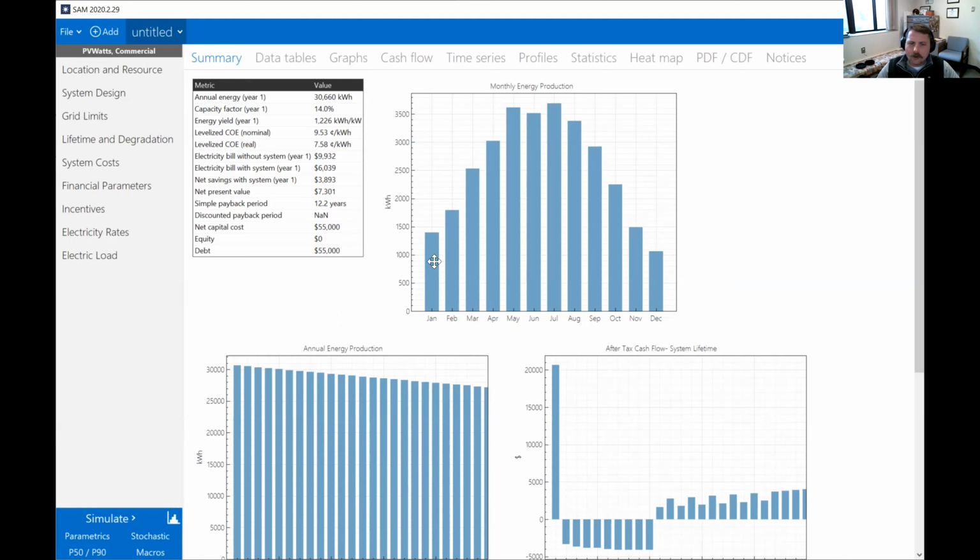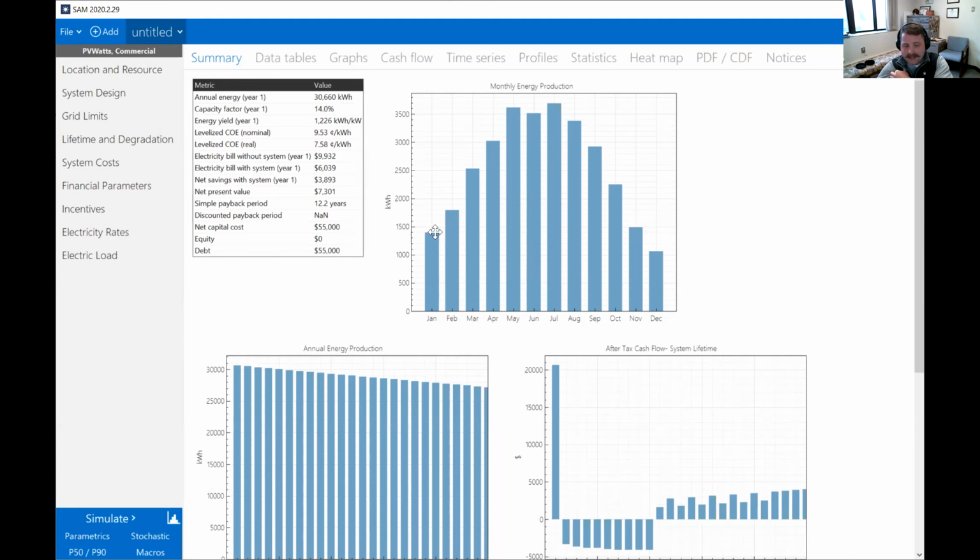Let's look at some of these charts quickly. This first chart is the production through the year, and you can see I do much better in the summer than in the winter. There are different reasons for that. One that Eric and I talked about yesterday is that Ohio has cloudy, wet winters.